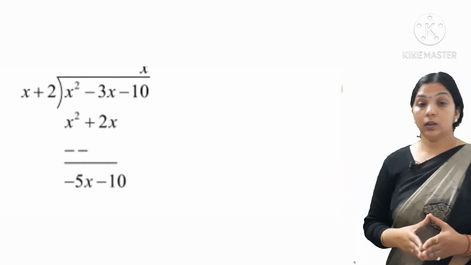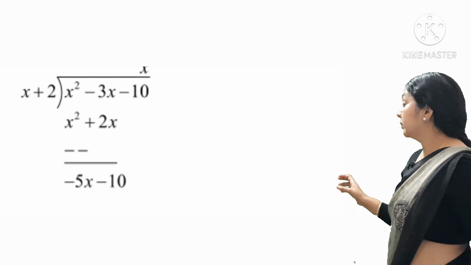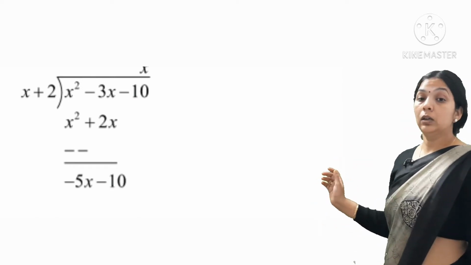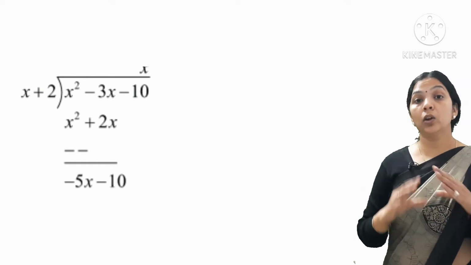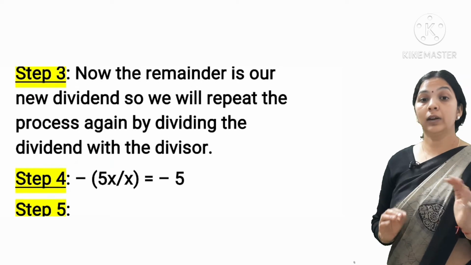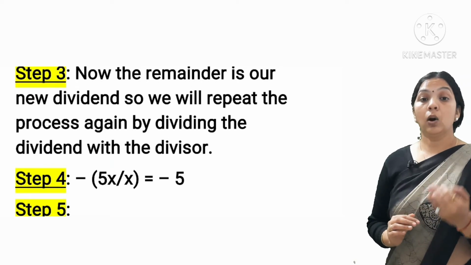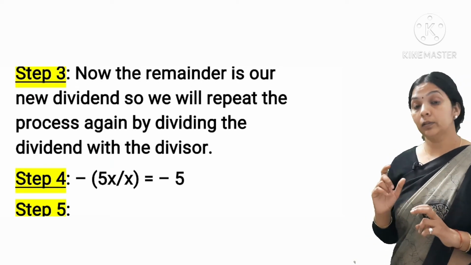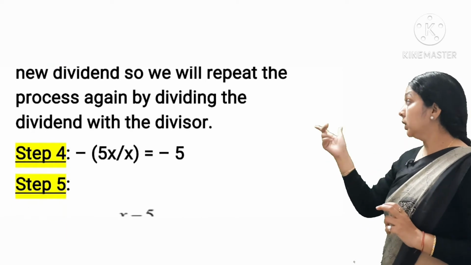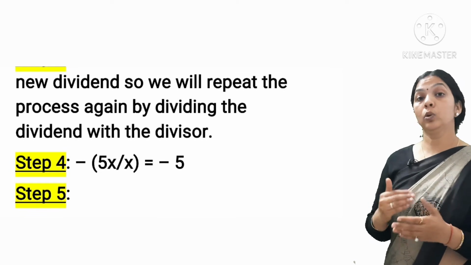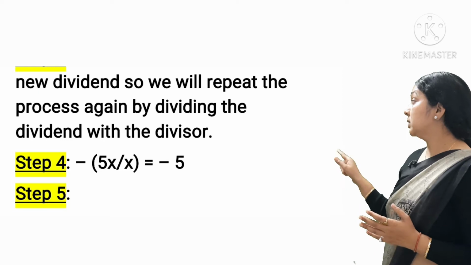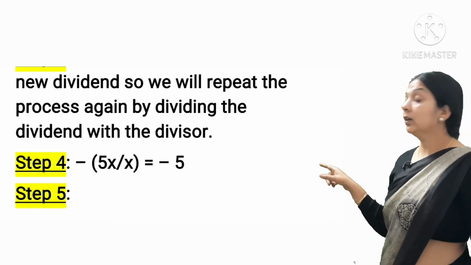Now the third step. This was the second step. Now what will we do? We will again check the remainder. If the degree of the remainder is smaller than the degree of the divisor, then we'll stop. If the remainder is the new dividend and its degree is greater than or equal to the divisor, then we will keep doing this step. So we see that minus 5x divided by x is equal to minus 5, so we can divide it.